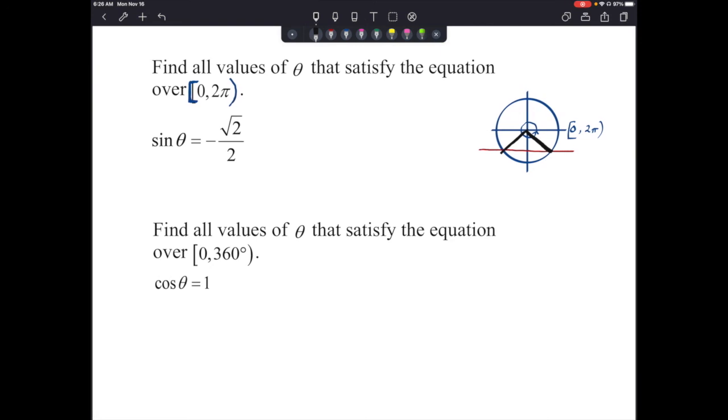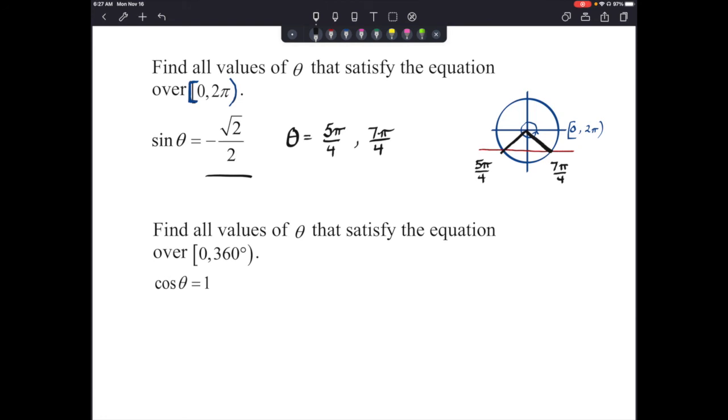Okay, so we know that this angle here, when we count around, is going to be 5 pi over 4, and then the one on the right side there would be 7 pi over 4. If you look at the unit circle and look at their y-coordinates, both of them have a y-coordinate of negative radical 2 over 2. So that means our answer here for theta is going to be 5 pi over 4 and 7 pi over 4.